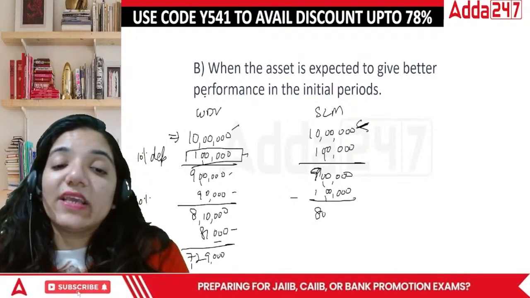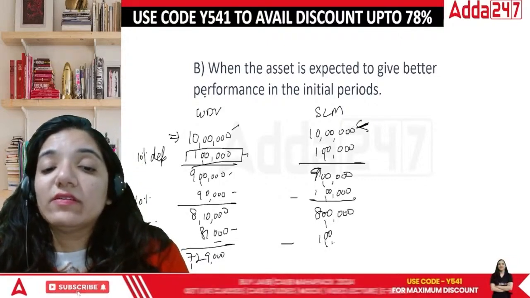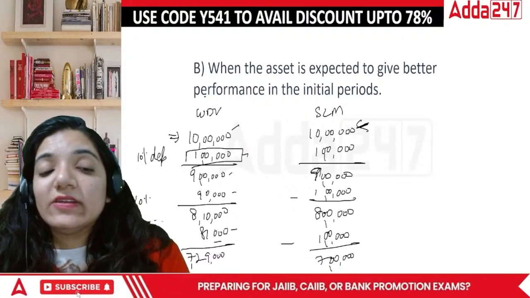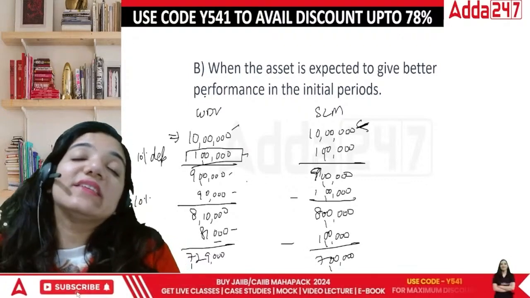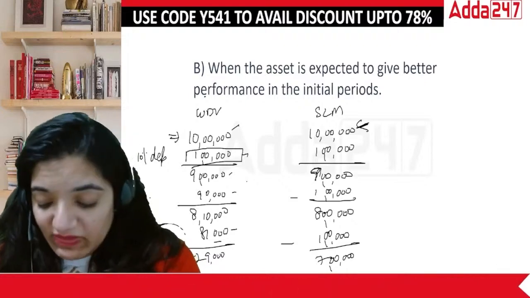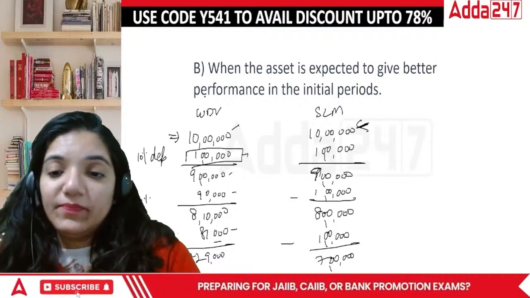So we are left with 8 lakhs. Then you remove further, then you are left with 7 lakhs. So you can see the difference. That is, the diminishing value method is more realistic. It says that when we are using a thing, then the value falls down more, right?